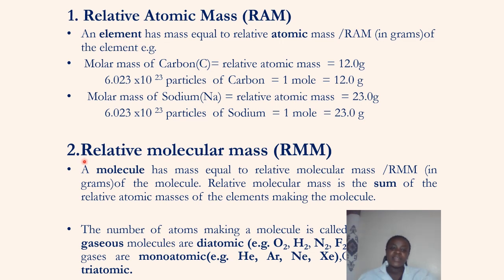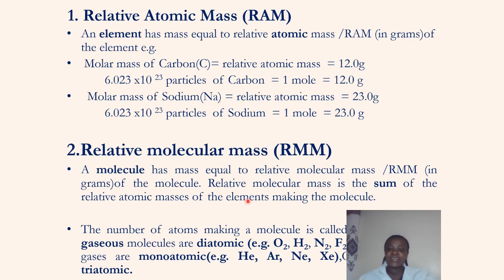The second one is the relative molecular mass. From the word molecular, we are talking about a molecule, and a molecule also has a mass equal to the relative molecular mass in grams. How do we get the relative molecular mass?